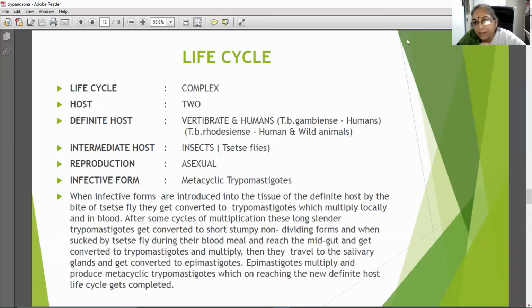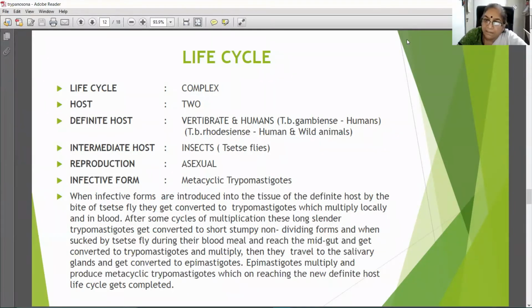Once they reach the midgut, they get converted into trypomastigotes, the dividing form, and there they multiply. After multiplication, they travel to the salivary glands of the tsetse fly and get converted into epimastigotes.